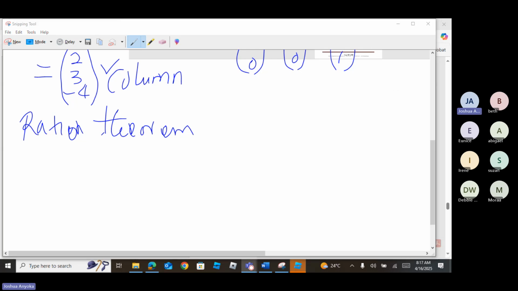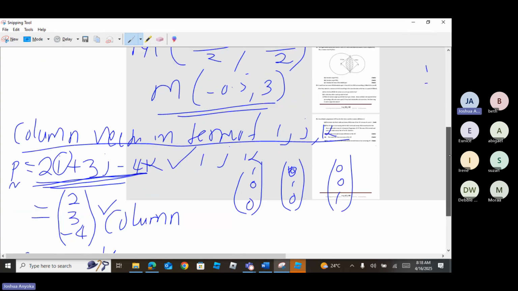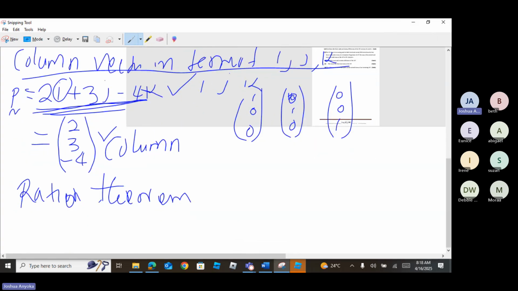In the ratio theorem, we said that a position vector, maybe O, we have then points A, B. That's the vector AB.